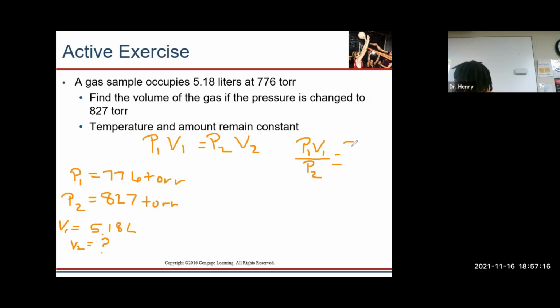Okay, so we have 776 torr times 5.18 liters divided by 827 torr. So torr is going to cancel out, and we're going to be left with liters.